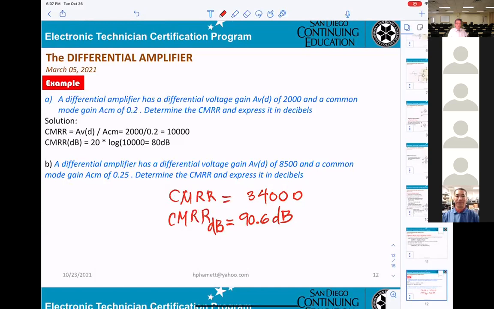I was going to say you want to reject the signals. It says it's the measure of the ability to reject common mode signals. If you want to eliminate common mode signals, you have to amp it up as much as possible. So a higher value is better.